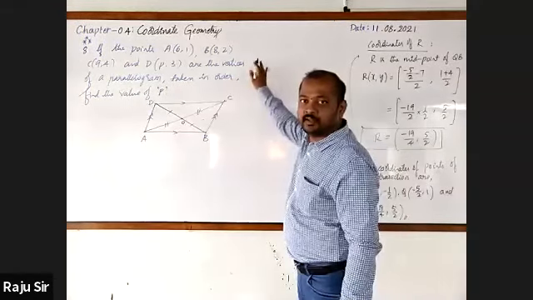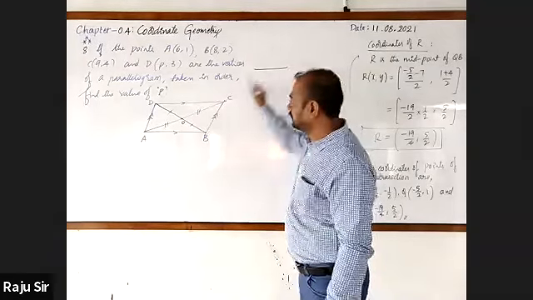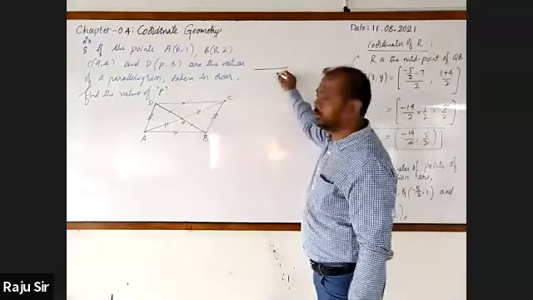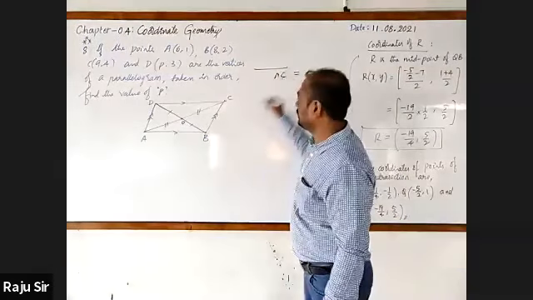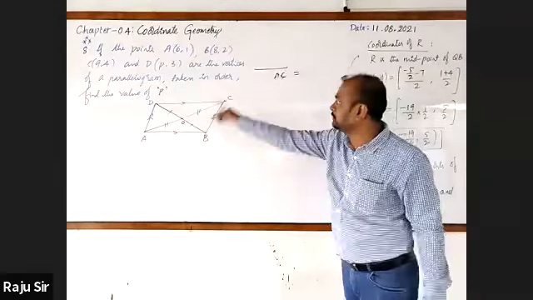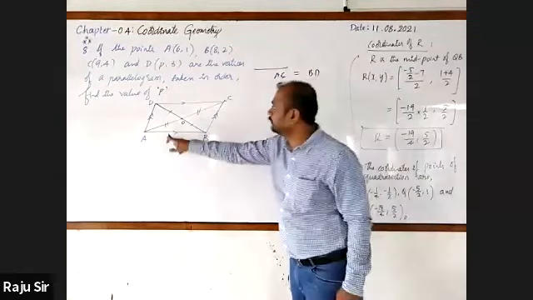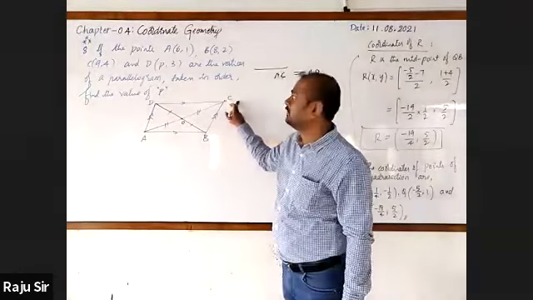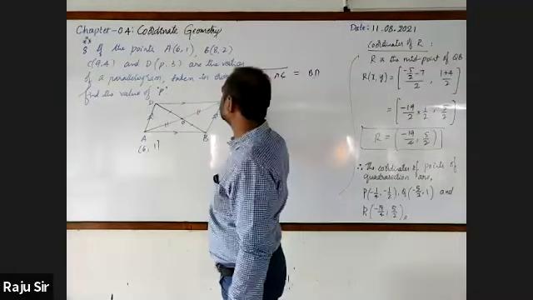Coordinates of the midpoint of the line segment AC is equal to the coordinates of the midpoint of the line segment BD. Then how do you find AC? A is 6, 1 and C is 9, 4.